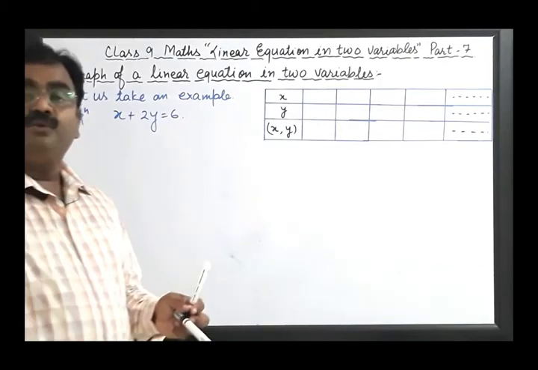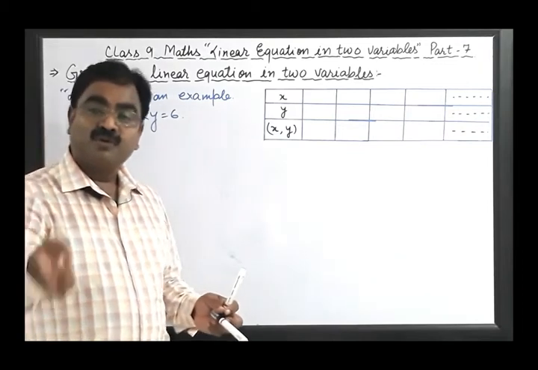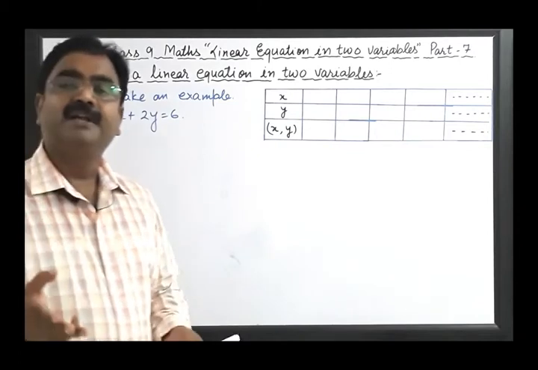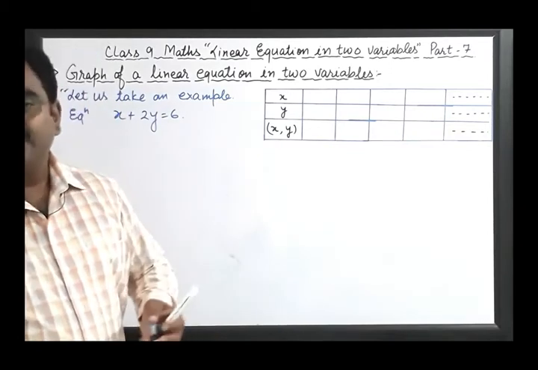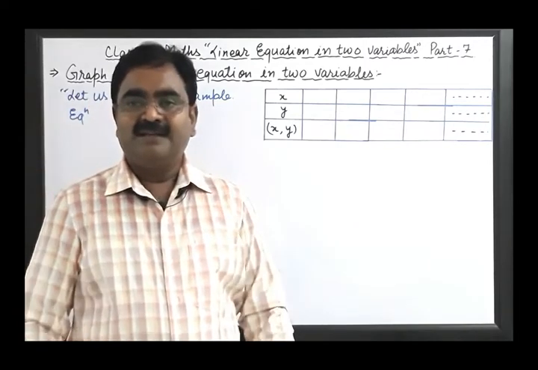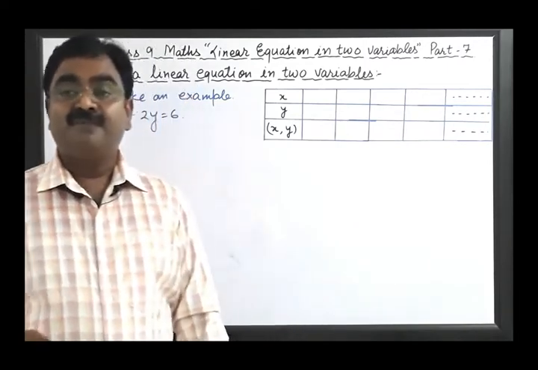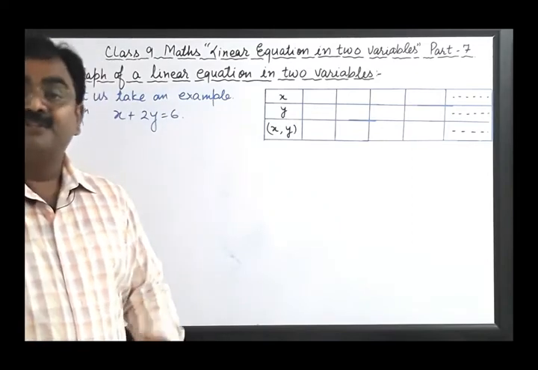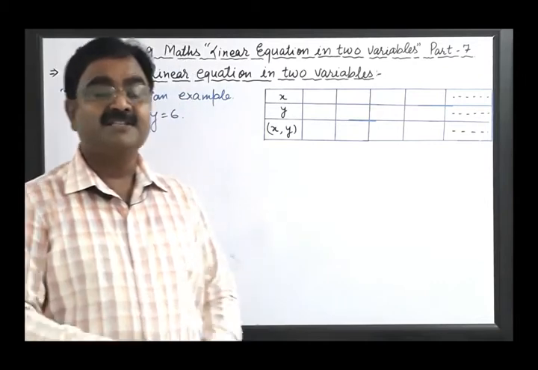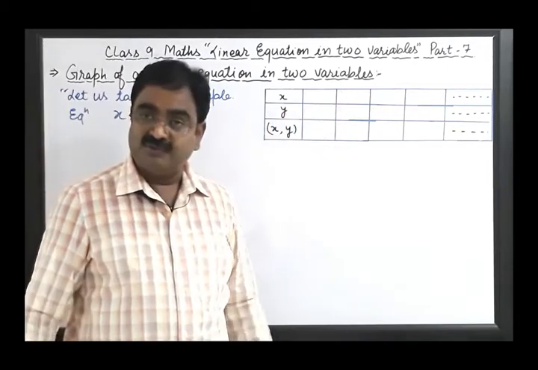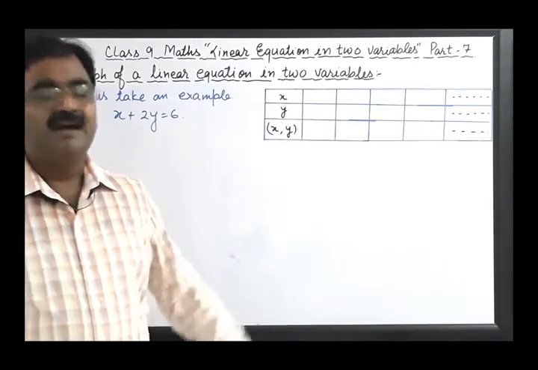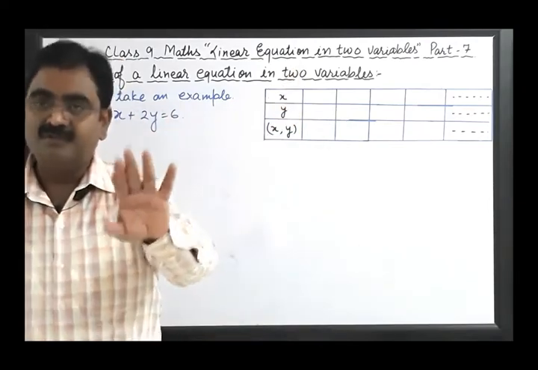But if you want to cross check it, if you want to verify it, you can take more than two solutions of the equation. Join the two points. Let us see if the line which passes through two given points also passes through the other solution of your equation, so it means your equation is right and your solutions are also right.